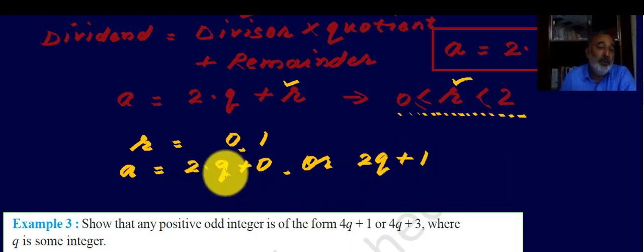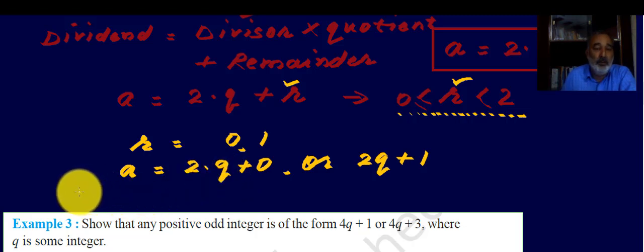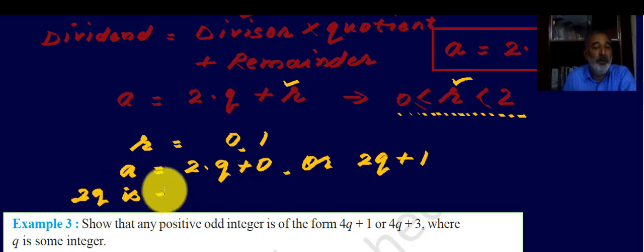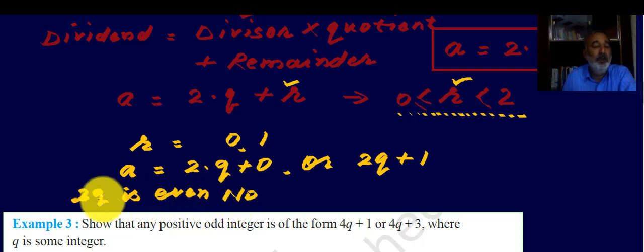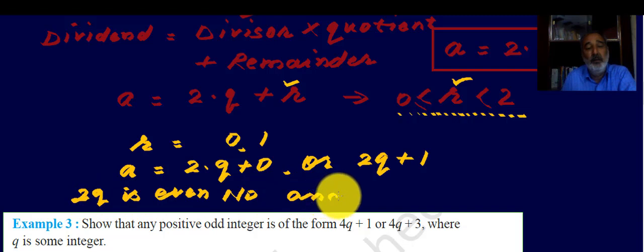If 2q is divisible by 2, we can call these numbers even. Now 2q is an even number as it is divisible by 2, and the remaining numbers are odd.